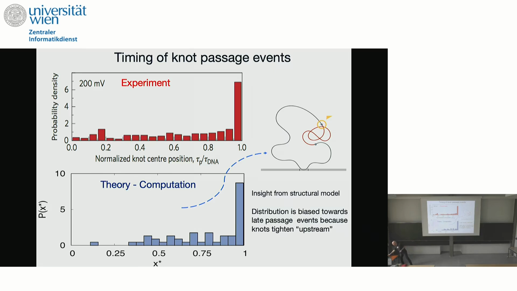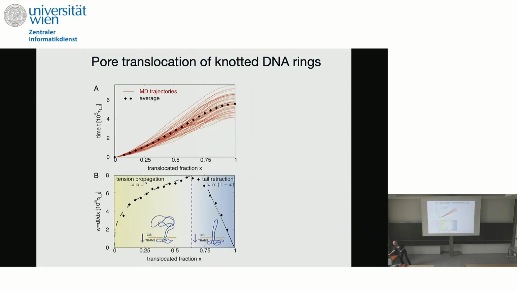Okay, and then how about this broad distribution of translocation times? Well, it turns out that, as I pointed out in the simulation that you saw before, translocation does not proceed with uniform velocity, but slows down more and more and more because you're propagating tension in a chain that is embedded as a fractal in 3D.